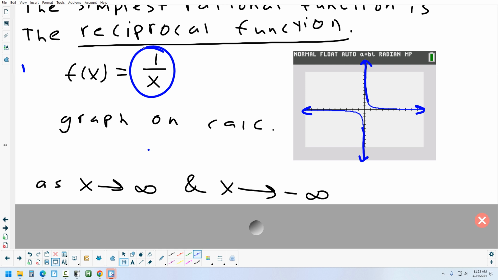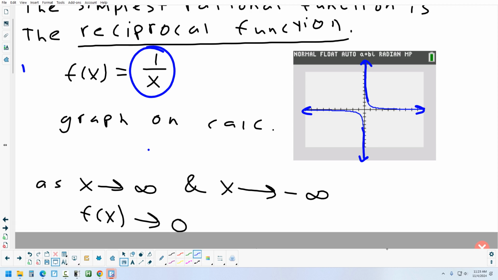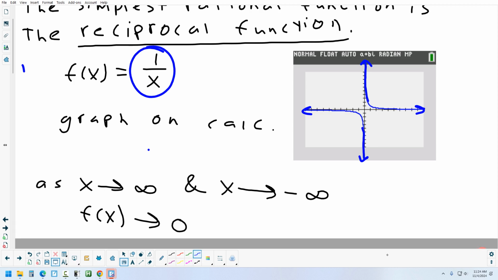If I take 1 and I divide by negative 10,000,000, am I going to reach 0? No. I'm going to have a very, very small negative number. Just like when I head to the right, it's a very small positive number. So what this is saying is as you head to the right and to the left, your y value is approaching but never reaching 0.